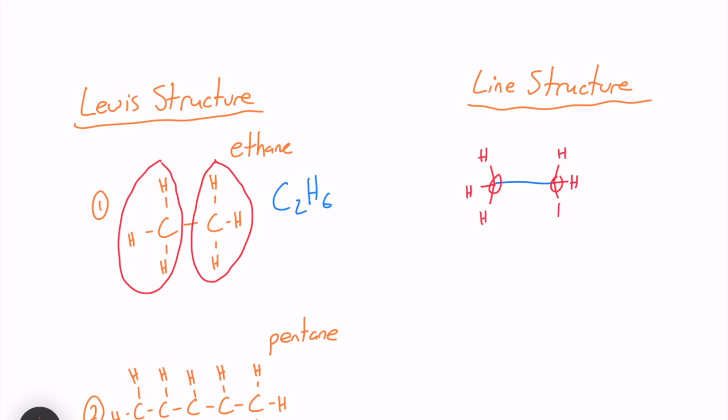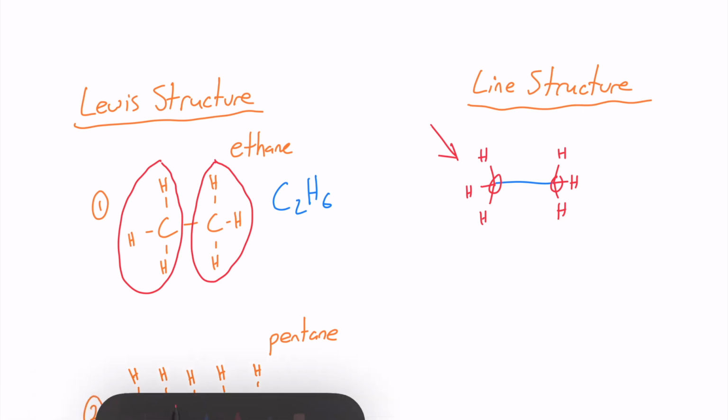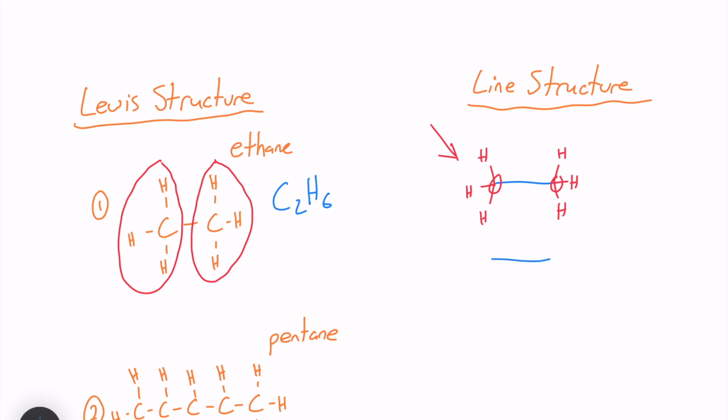So this is just a quick little diagram to show where the carbon and hydrogen are. The actual line structure for ethane, like I said before, will just be a straight line that looks like this.